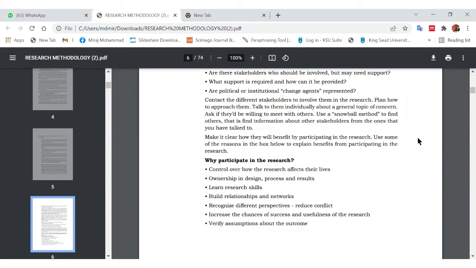You can reduce conflicts between the people, and you can increase the chances of success. You can find the usefulness of this research at a community level, and you can verify the various assumptions, like the reasons for which this project was successful or not successful.